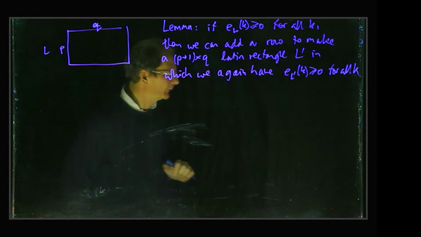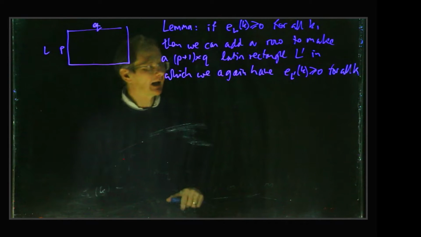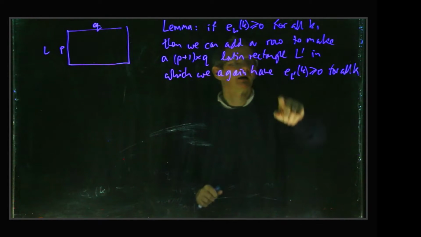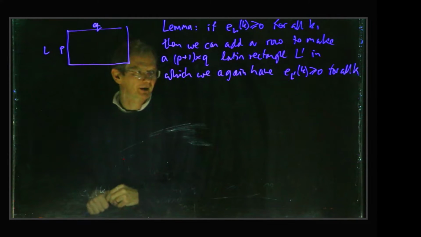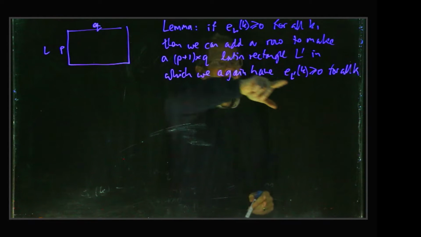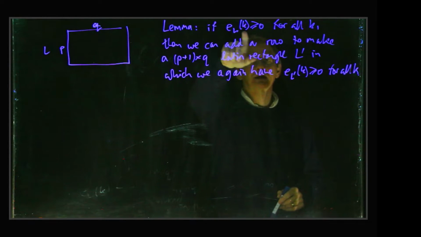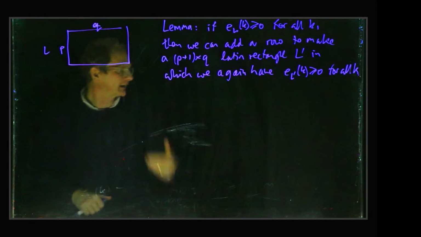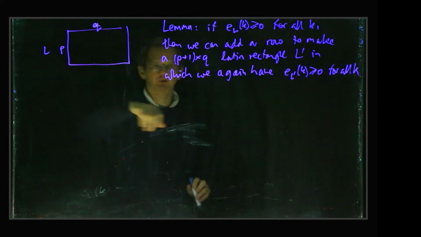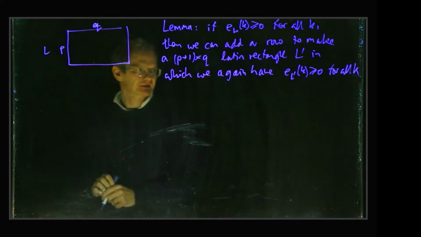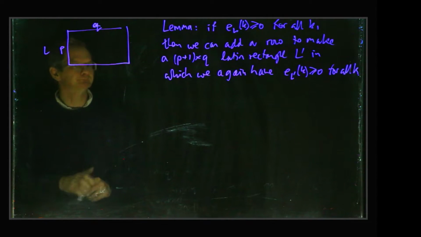So we can add one row and still maintain this extra criterion that all the excesses are non-negative. And of course, if we can prove this lemma, then because we've propagated this condition, we can just do the same thing again and again until we've got something of maximum height. But for the moment, we're just going to consider the problem of adding a single row.